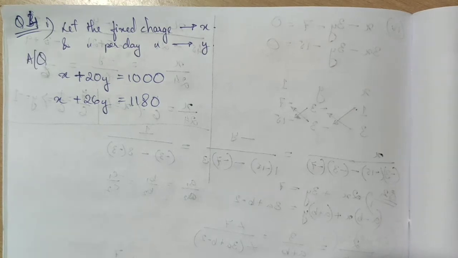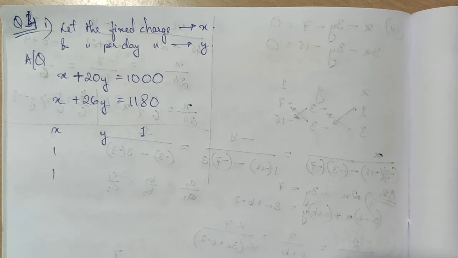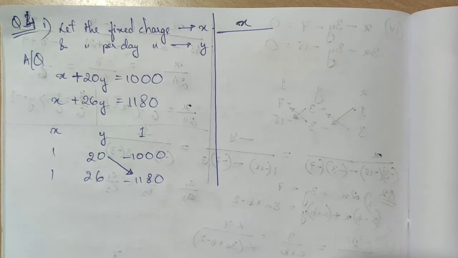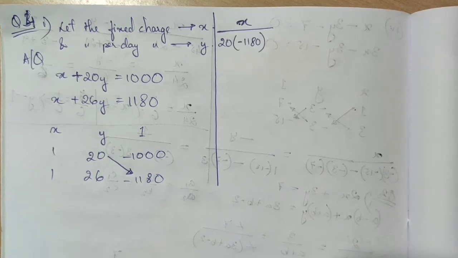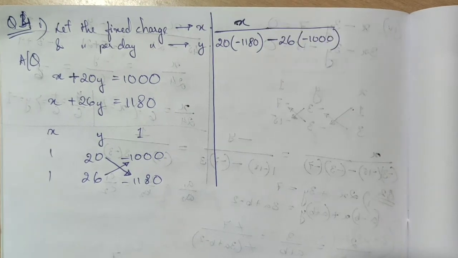Now if you ask me, I would love to do with the elimination method here, because directly x are getting cancelled, but they have asked us to go for cross multiplication method. So let's do that. X column and row will be ignored, and we will get the denominator like this. Don't forget the orientation. That is the most important part here.